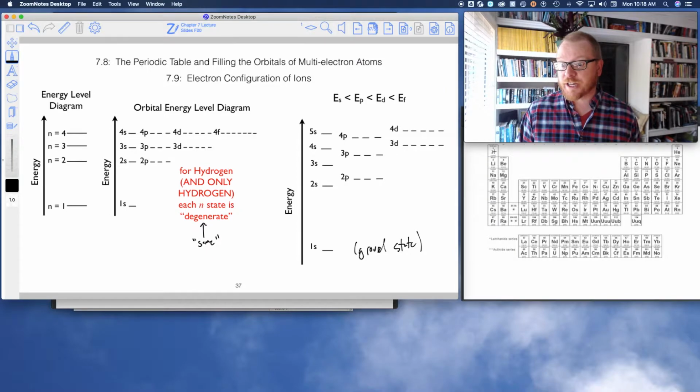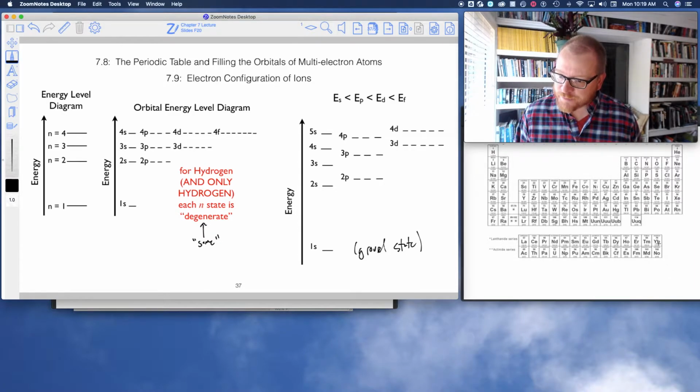Starting at hydrogen and helium, that's 1s. The next level, lithium and beryllium, is 2s. Then if I keep going across, boron through neon is 2p. Then moving along, 3s, then 3p, then 4s, and then 3d, 4p, 5s, 4d, 5p, 6s, and then after that 4f.